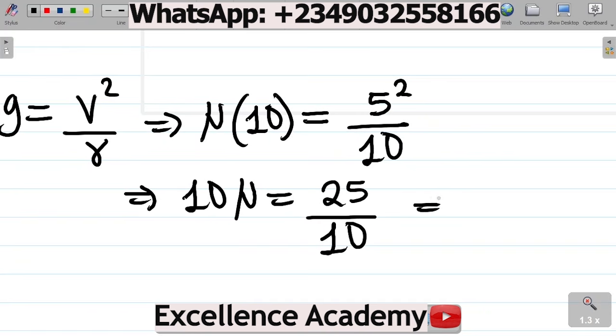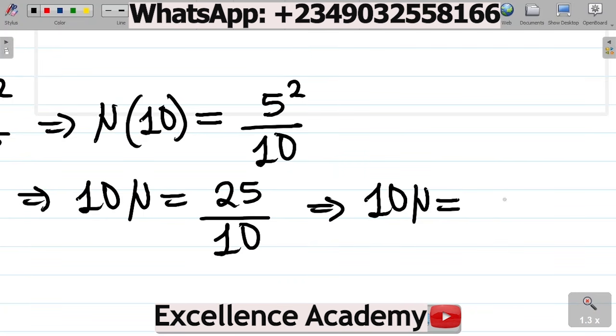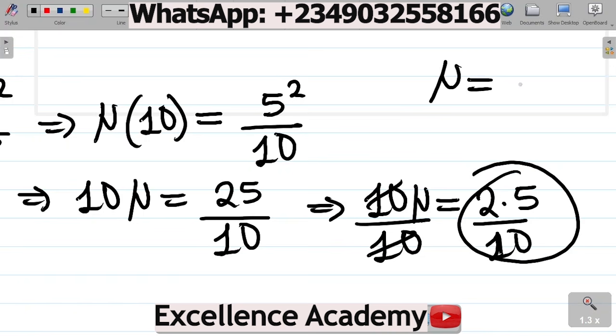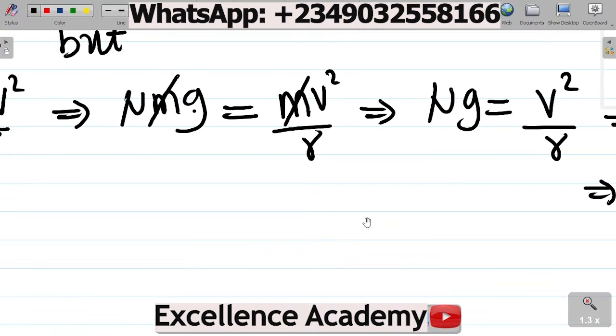So 10 mu is equal to 25 over 10, which gives 2.5. Divide here by 10, divide here by 10. This cancels this. So mu is equal to 2.5 over 10, which gives 0.25. So mu is equal to 0.25.